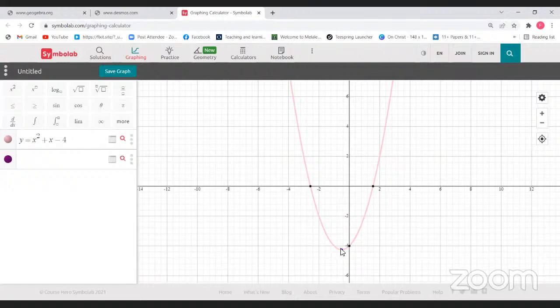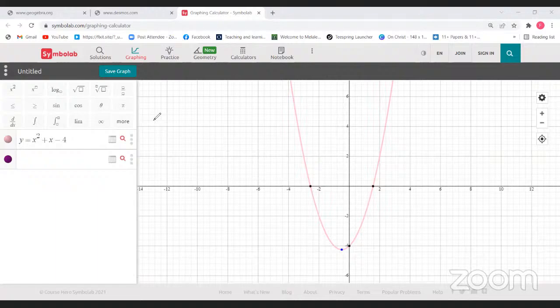Miss, I'm not sure, but it's somewhere around -4. Oh, you're saying that the minimum value is somewhere around -4.